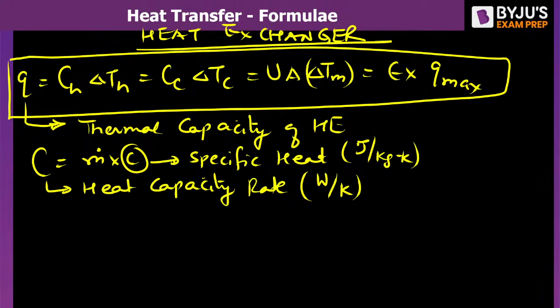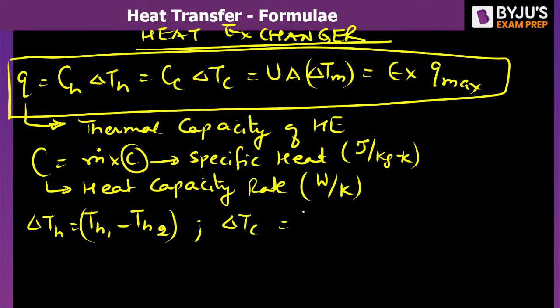And what is delta TH? Here delta TH is equal to TH1 minus TH2, and delta TC is equal to TC2 minus TC1. U is the overall heat transfer coefficient. Q maximum, epsilon is effectiveness.